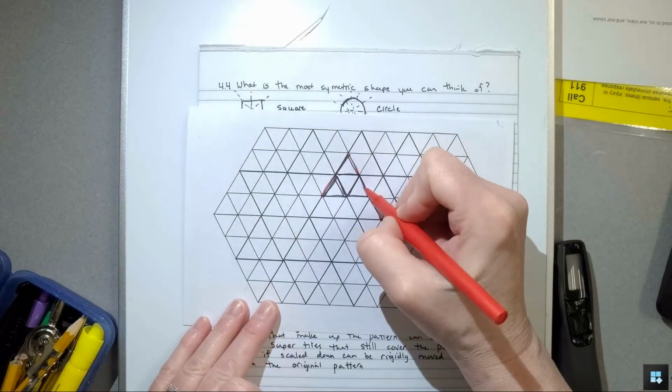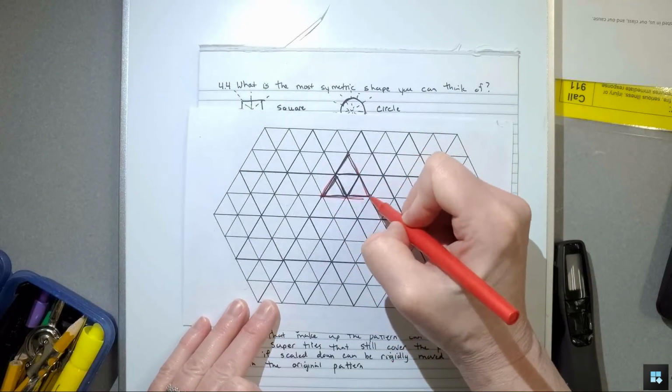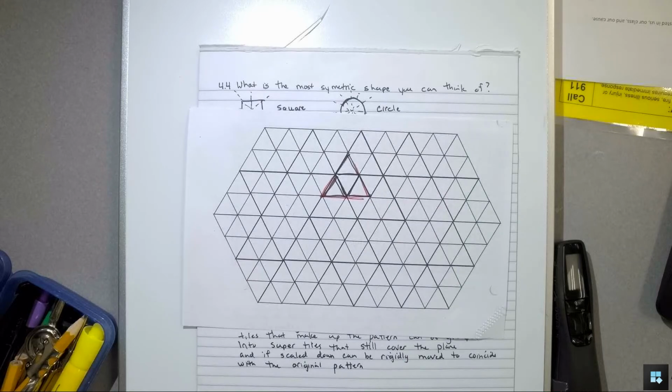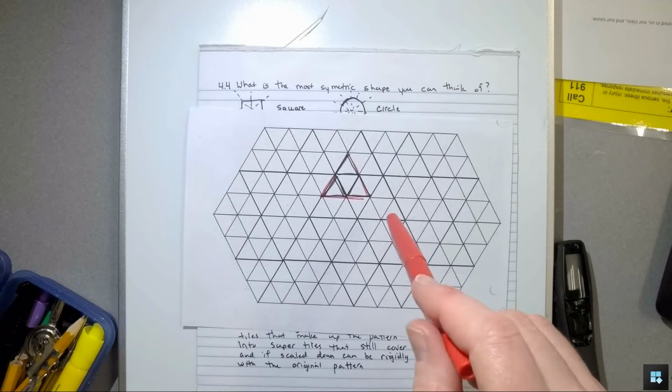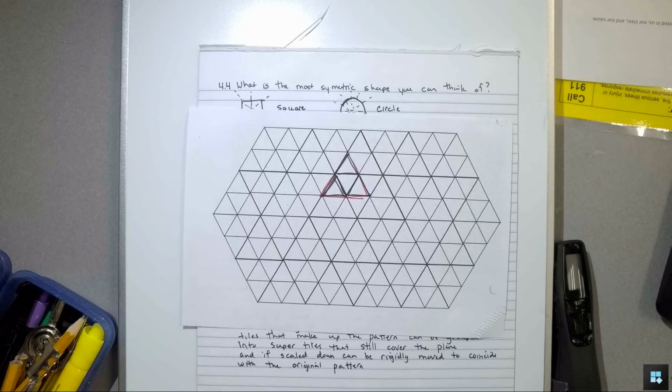So super tile. And then what was the next size up? How many more did you have to add to that to still have an equilateral triangle? Oh, 12? Did anybody find one with less? Oh, 5.